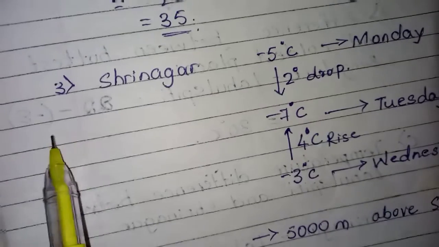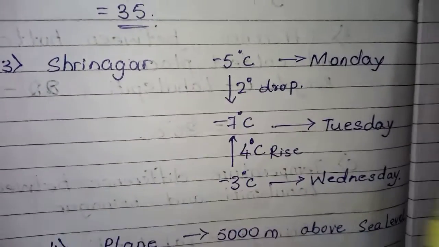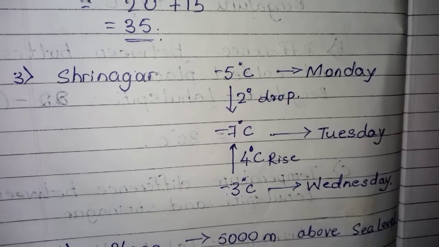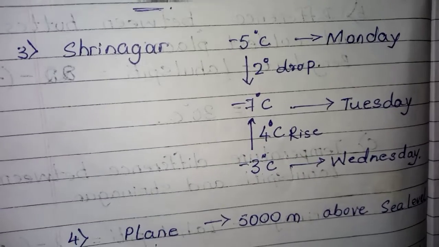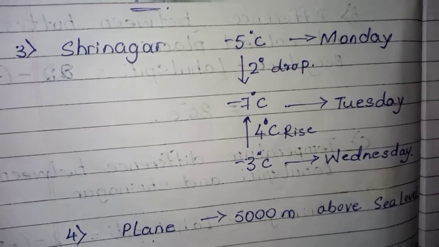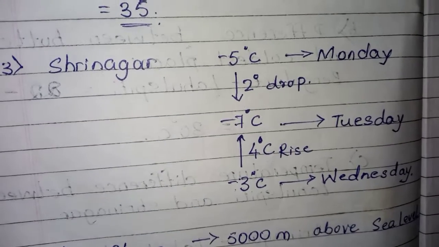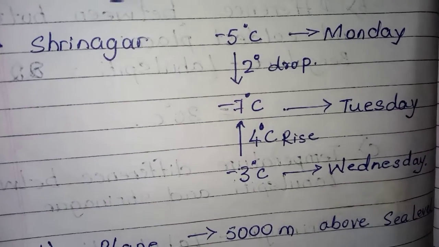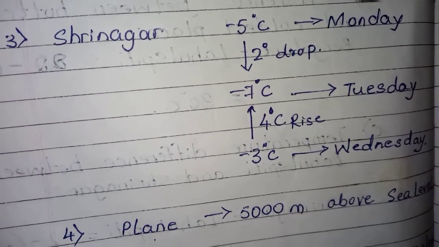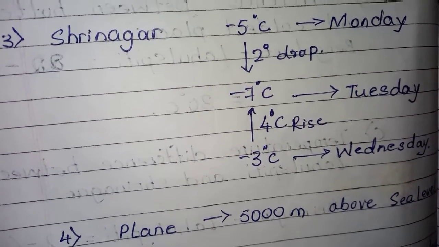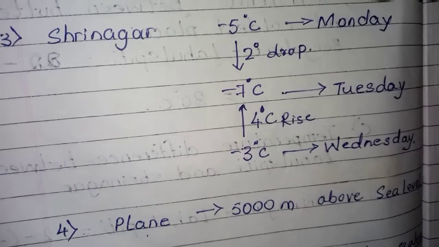Question number 3. At Srinagar, the temperature was minus 5 degrees on Monday and then it dropped by 2 degrees centigrade on Tuesday. What was the temperature of Srinagar on Tuesday? Here he has given you the difference value of temperature.